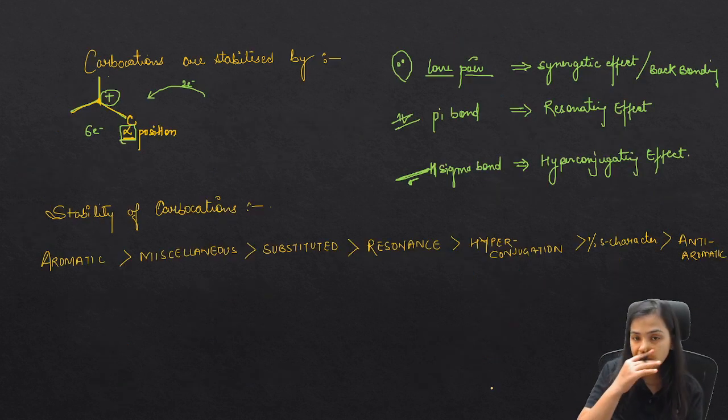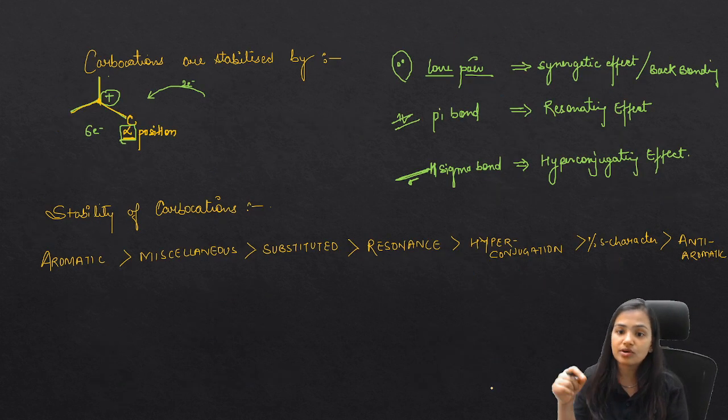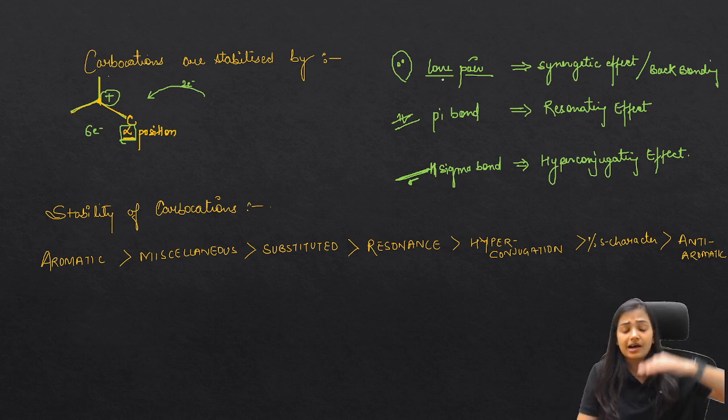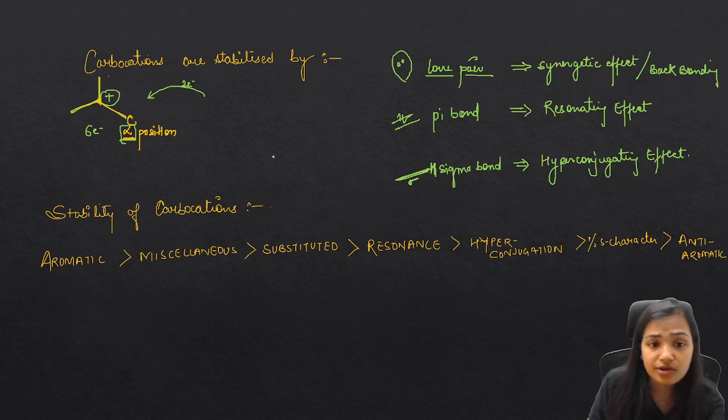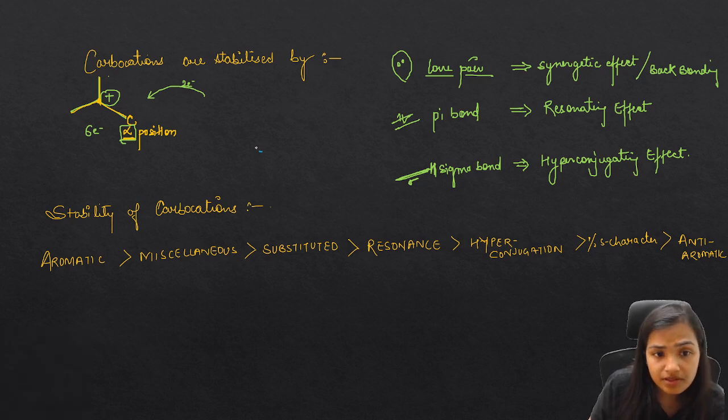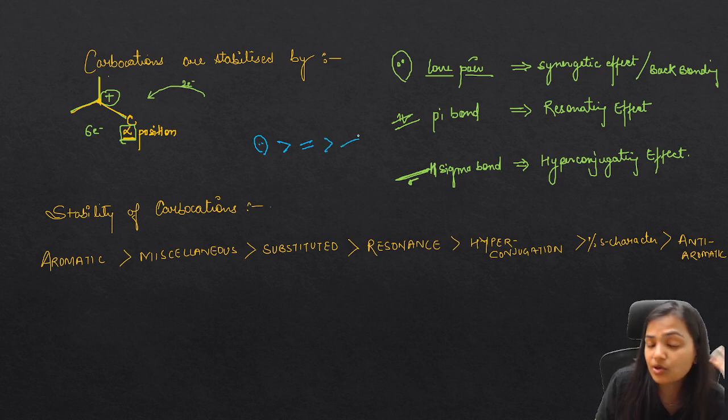So if I ask you, out of the lone pair, a pi bond, or a sigma bonded hydrogen atom, which is a good nucleophile, a good donor with a higher energy state, your order comes out to be: the lone pair is always a good donor, then the pi bonded electron, then the sigma bonded electron.